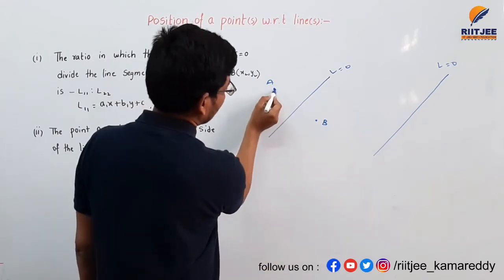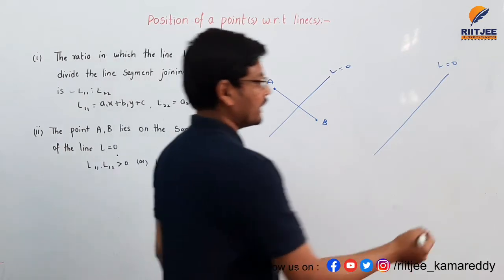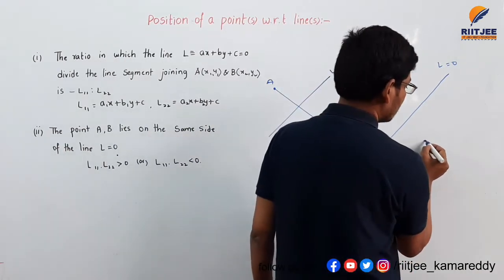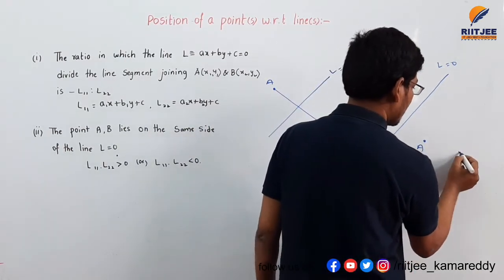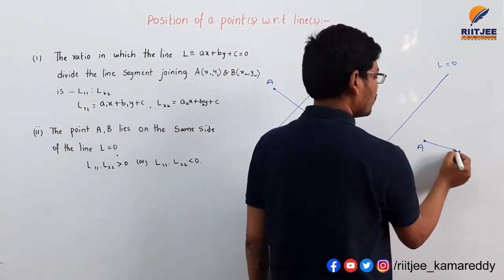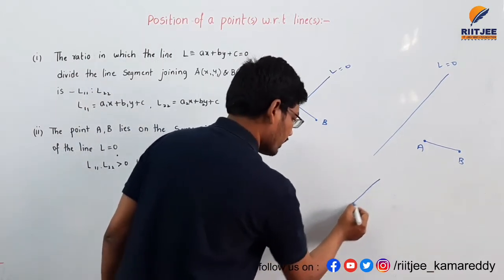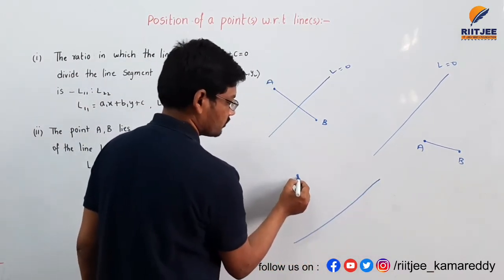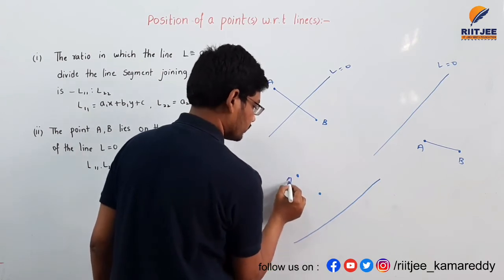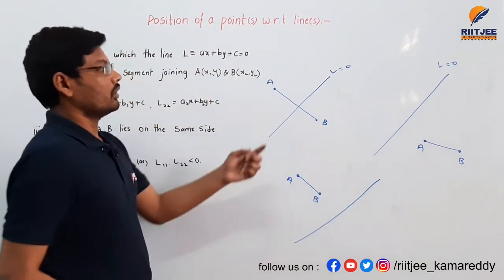So directly if you join these two points, it will intersect. I am taking two points A and B here. If you observe, I am taking two more points A and B here, with one more line.